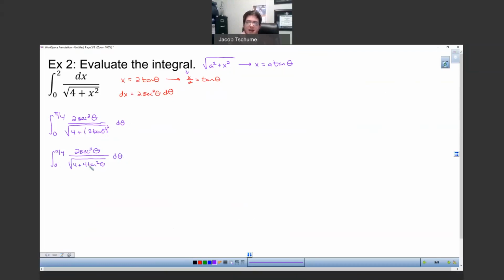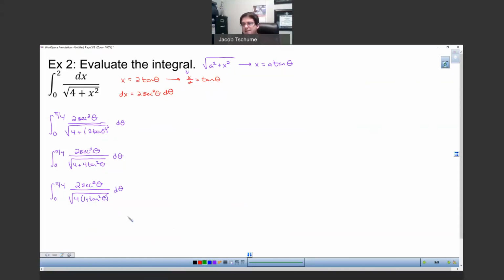Now remember, that square root should cancel when you're done, so we're going to have to factor again to set up an identity. So this is the integral from 0 to pi over 4 of 2 secant squared theta over the square root. I'm going to factor the 4 out of each term, and that leaves me with a 1 plus tangent squared theta left over.